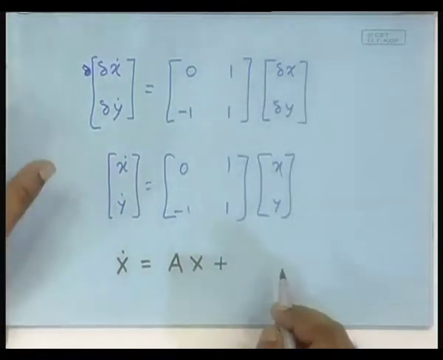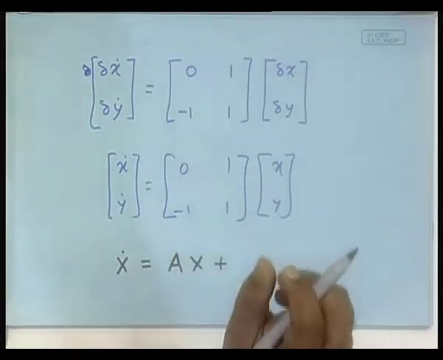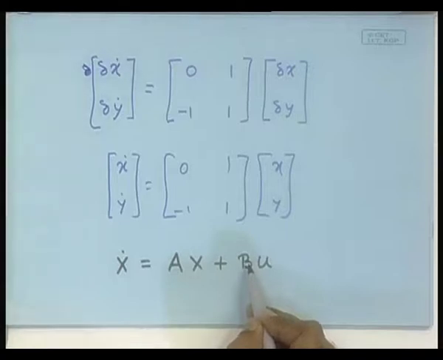It is customary in engineering practice to write this in terms of two different things as B U, both are matrices. B is a constant matrix, not a time varying matrix, but U is a function of time. So, this is the forcing function.